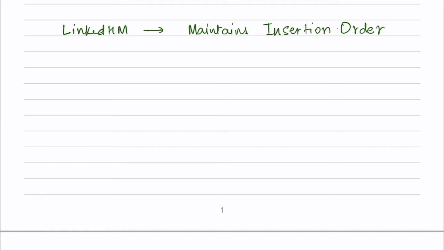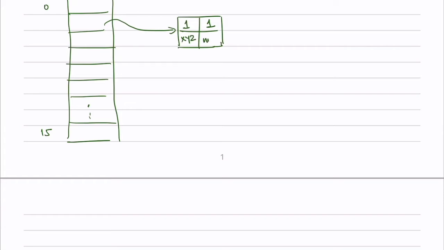By insertion order I mean, let's suppose this is the array, as you can recall from the hash map video. This is index 15, and this is 0. Let's suppose some node was inserted here, with an integer key and value. To keep things simple, 1 is the key and 1 is the value, and there will be some xyz hash code, and here the next will be null for now.